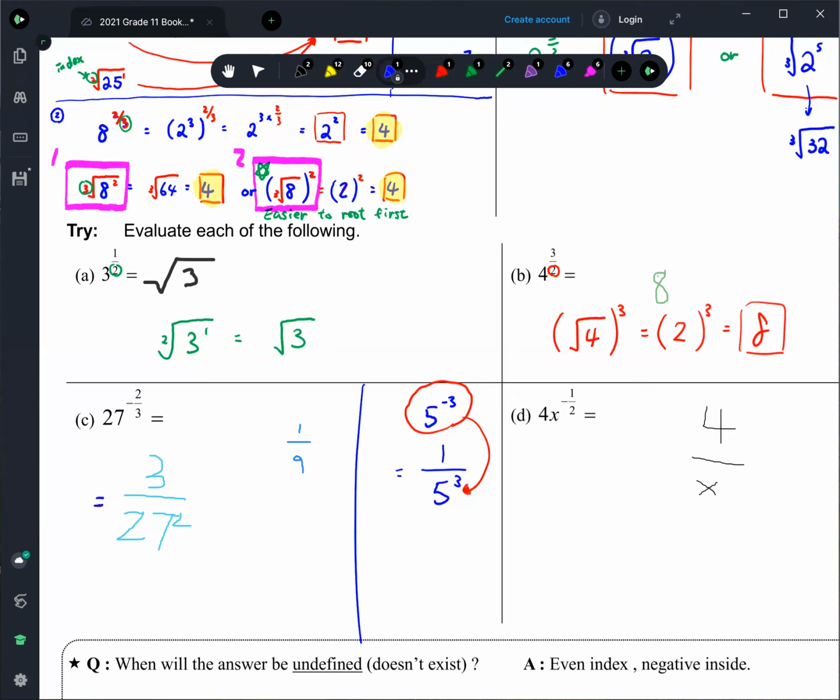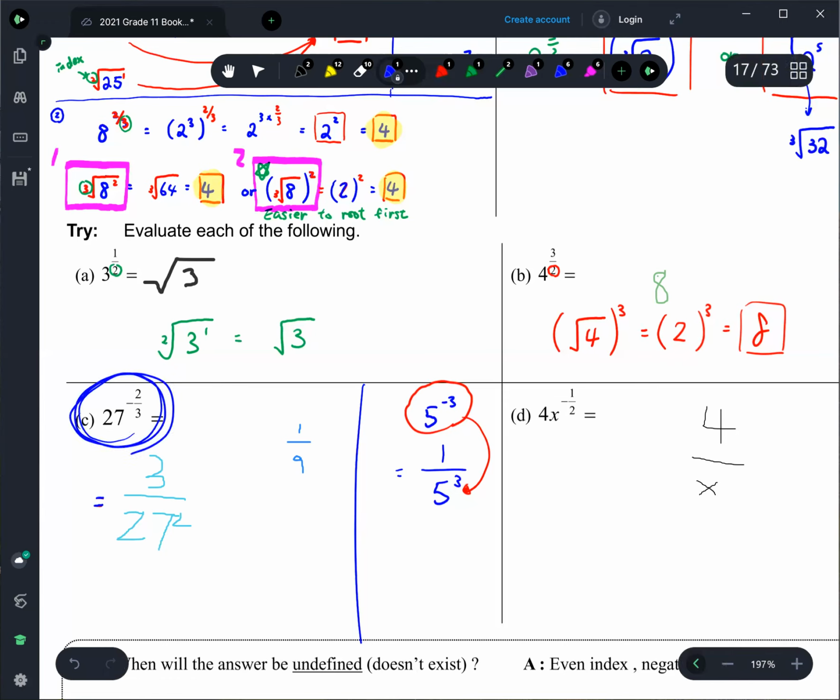So like that. 3/27 squared. Is that what you wrote? Okay. If you look at the example, look at the question I circled here, which part is the exponent? Which number is the exponent? -2/3.